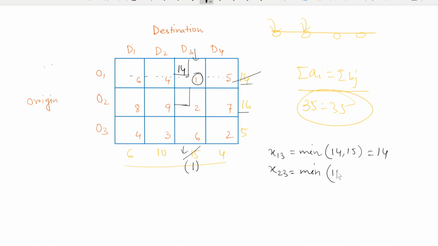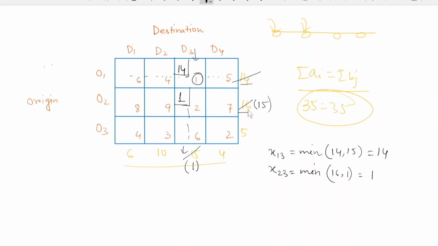Therefore, the minimum of 16 and 1 is 1, so we allocate 1. Therefore the demand for destination D3 is exhausted, and the remaining availability from origin O2 is 15 units.